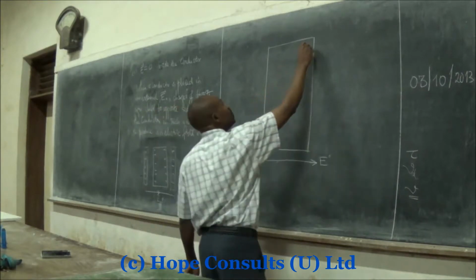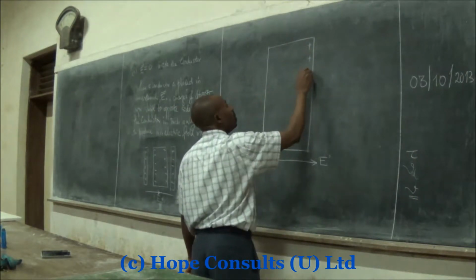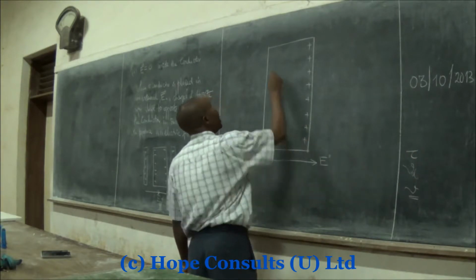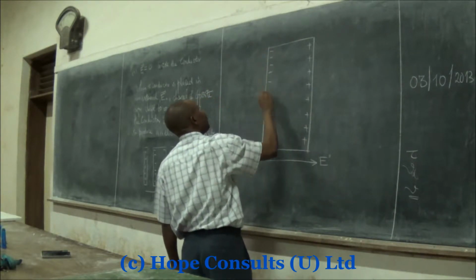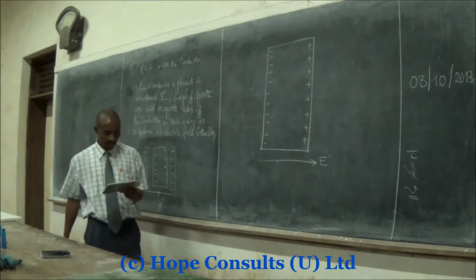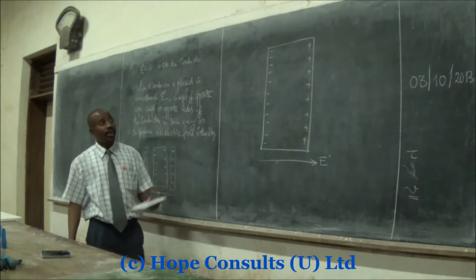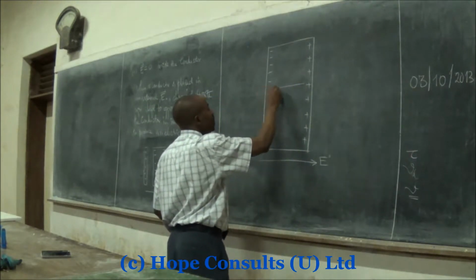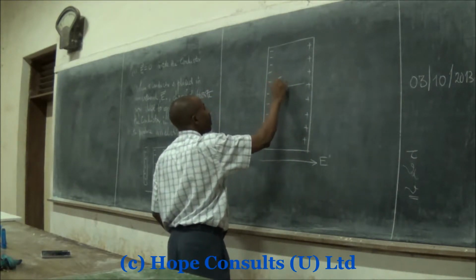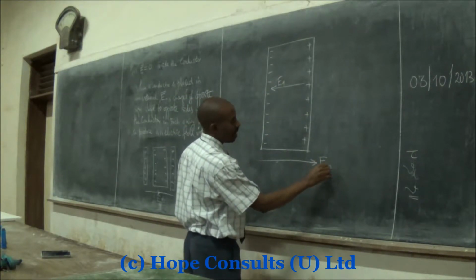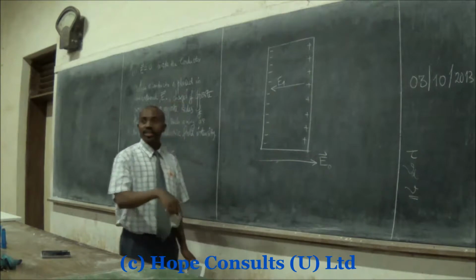We shall have the shift of the positive charges on one side and the other side becoming negatively charged, and they will produce an electric field inside, which we can call E1. Sorry, this one is E naught.